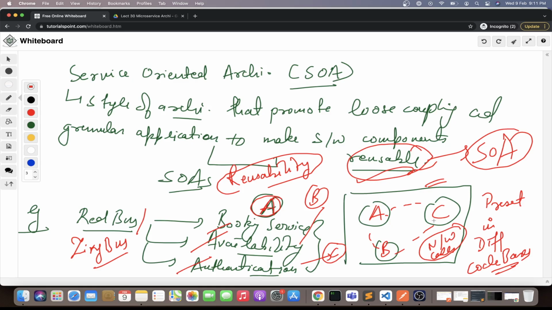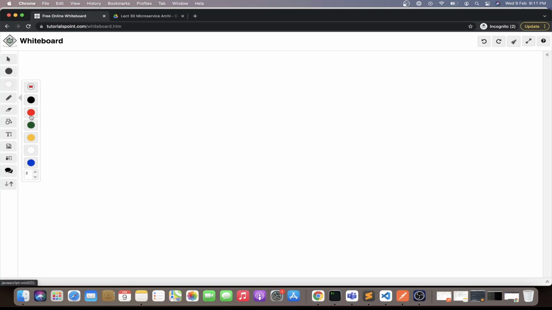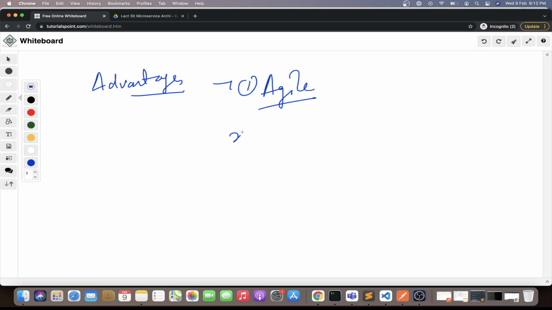Cool guys. So there are certain advantages and disadvantages of them. Let's quickly take a look at them. So the major advantages are that it is first of all agile. Cool. SDLC, you might have heard about this term.